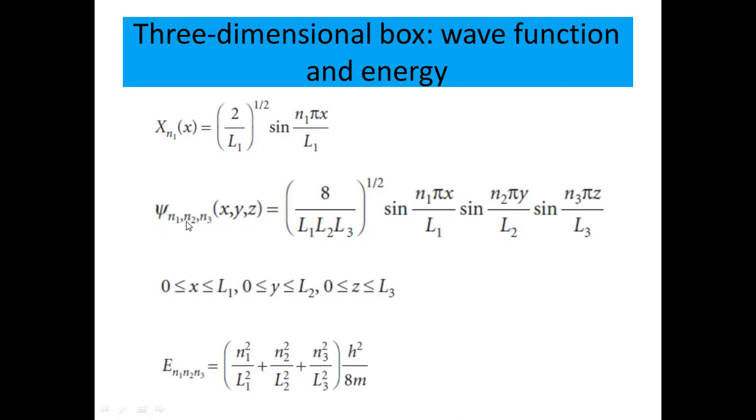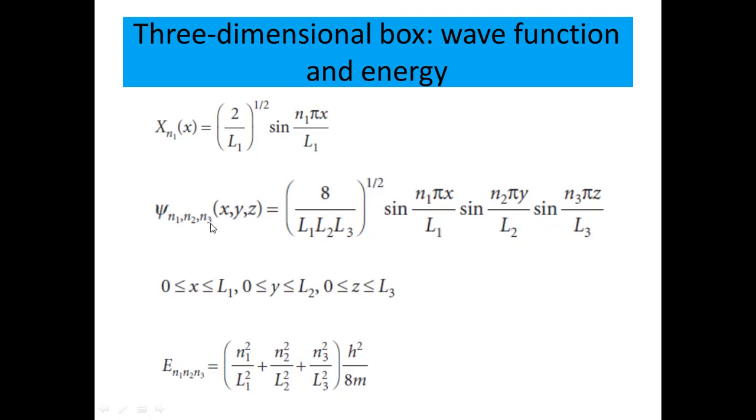It doesn't mean the value of n1 is 1 or the value of n2 is 2. This is not the case. The 1, 2, and 3 are just indicating the x, y, and z axes, and the values may be different: n1 may have the value 1, n2 the value 3, and n3 the value 2 or 1, and even 3.